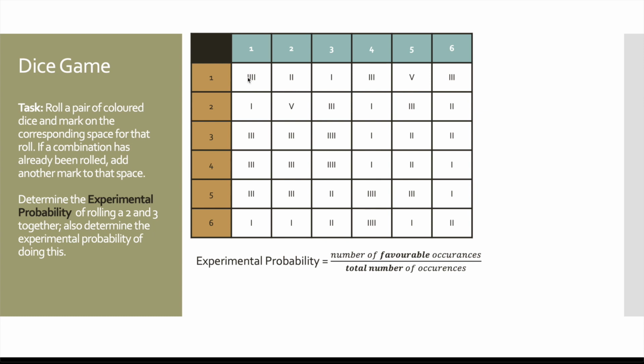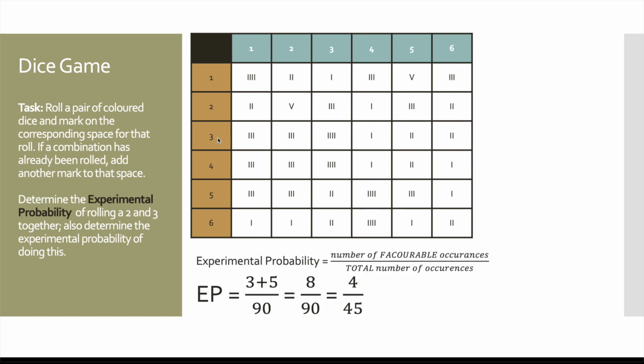If it took you 25 times to roll this, then it would be over 25. If it took you 541, it would be over 541. We actually have to add up all of these tallies to figure out the total number of occurrences. So again, we can summarize this by saying EP, experimental probability, is favorable occurrences over total number of occurrences.